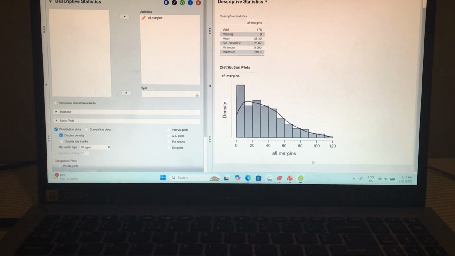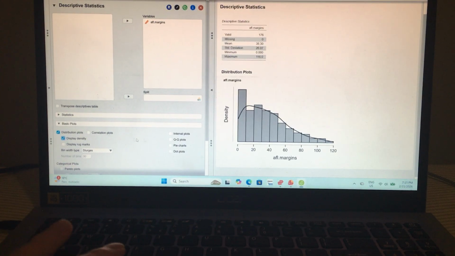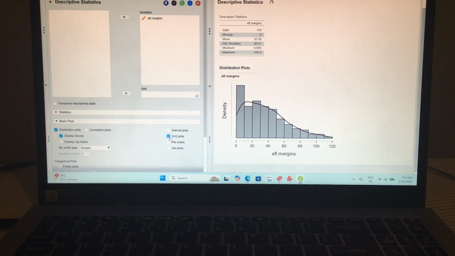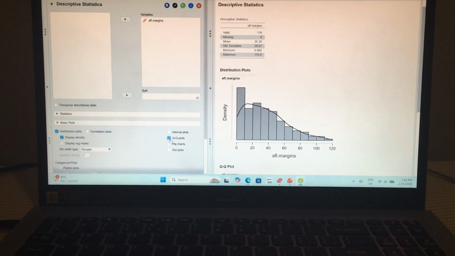We're going to keep going, and then we're also going to plot the QQ plot. We're going to check this box here and compare our QQ plot to the figure on page 28, which is figure 9.22.